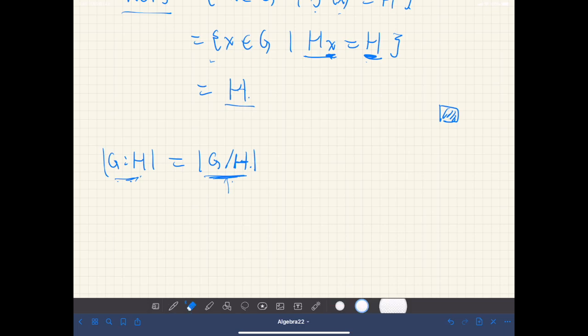And of course, if the index of H in G is infinite, then this group G by H is also an infinite group.